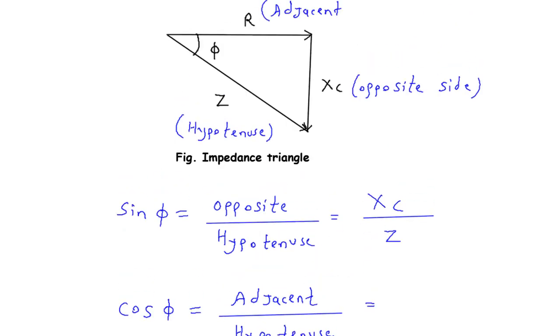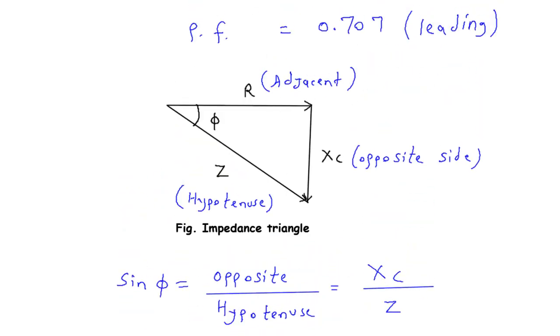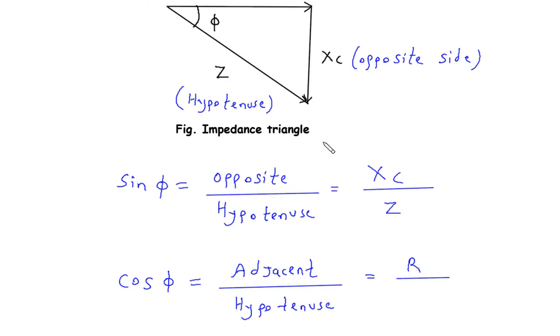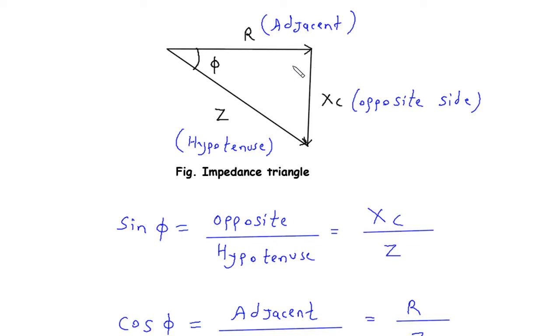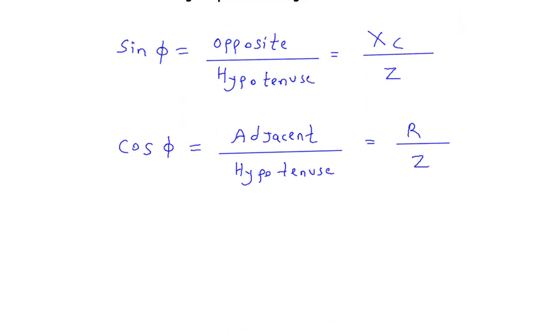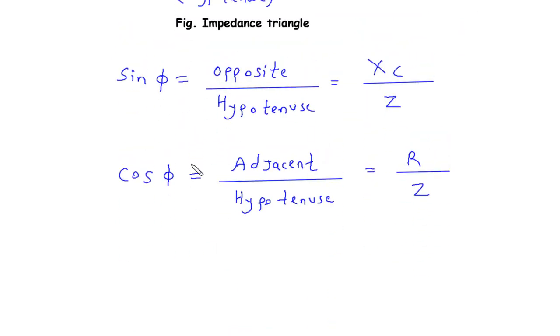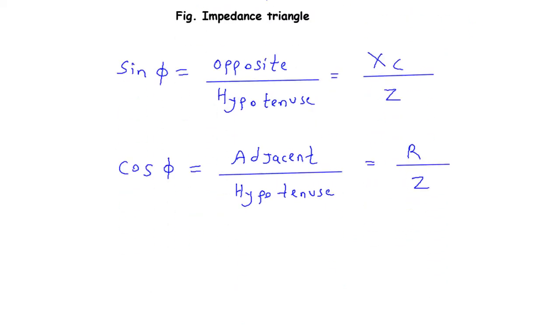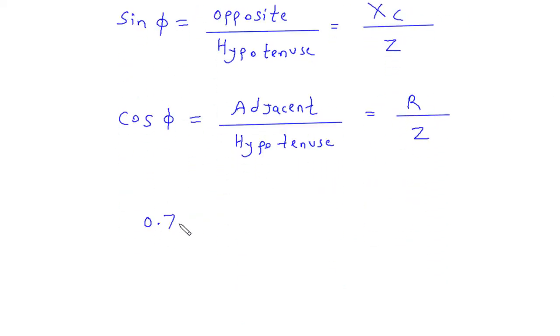So the adjacent is R divided by the hypotenuse, impedance Z. This is the impedance triangle for the RC series circuit. Now we know cos phi is 0.707, so 0.707 is equal to R by Z.